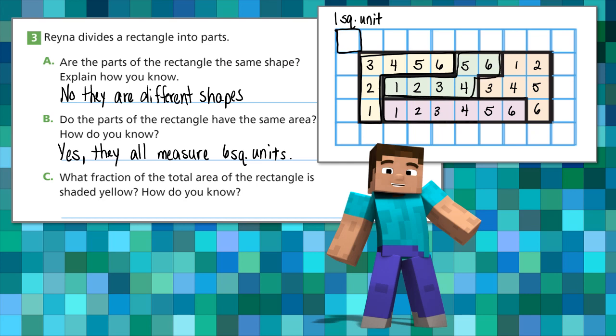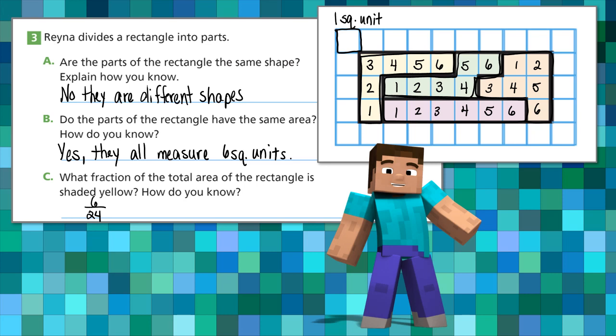The red shape has 6 square units. And the orange shape has 6 square units. So I know that my total amount of units in the area for that rectangle would be 6, 12, 18, 24 square units. Yeah, 24. And my yellow part is 6 of those square units. So I can use the fraction 6/24.